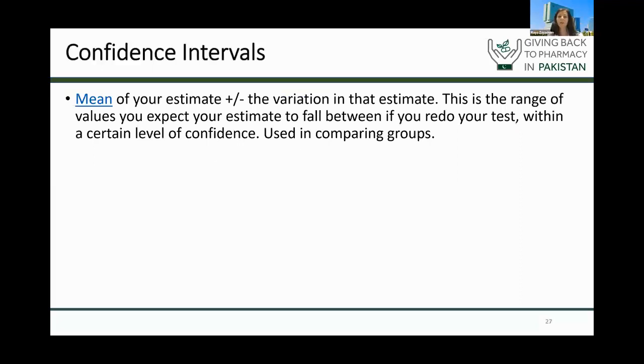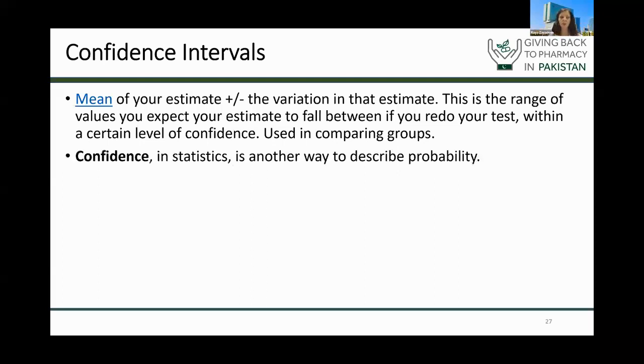Confidence intervals are also another way of analyzing your results. It is the mean of your estimate plus or minus the variation in that estimate. So it's the range of values that you want your outcome to fall between to consider that significant, and you would use that for comparing groups.